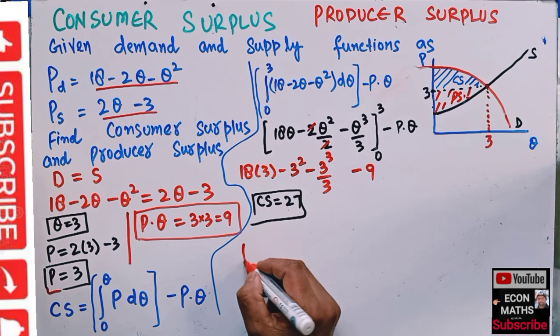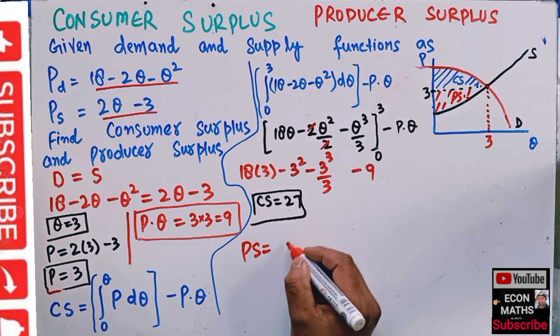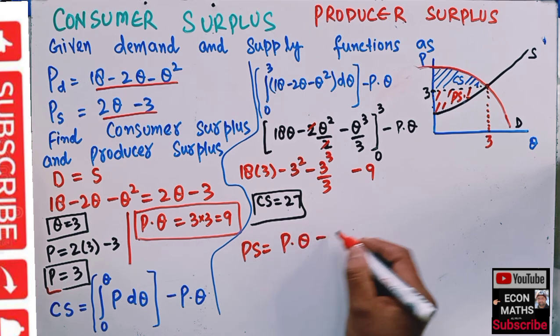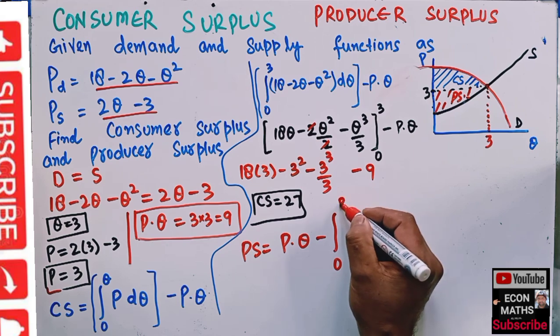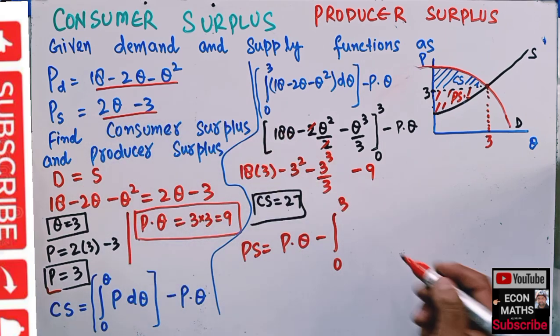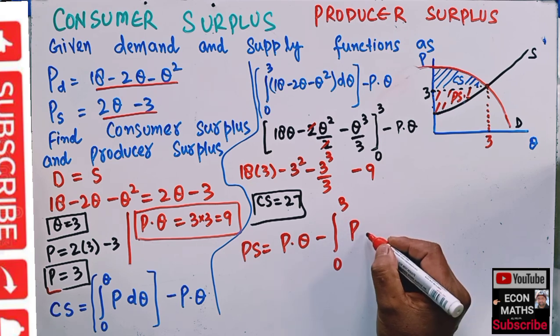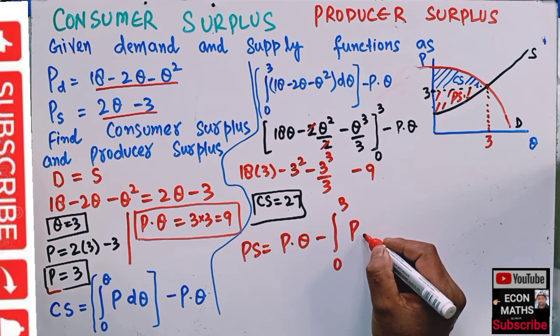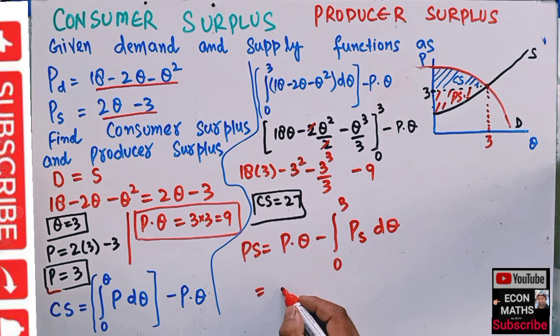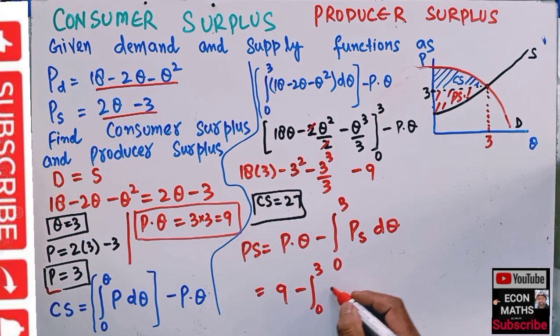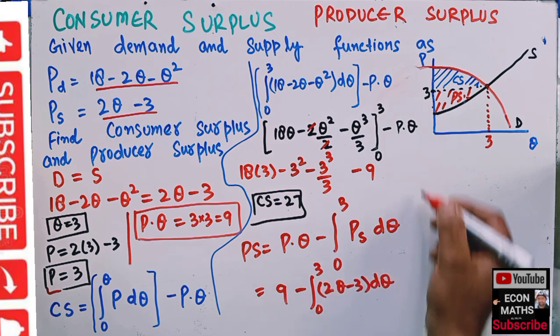To calculate it, producer surplus is equal to the total revenue, that is P into Q, minus the definite integral from 0 to the equilibrium quantity, that is 3, of the supply function, that is Ps, with respect to Q. So P into Q is 9, which we calculated, minus the integral from 0 to 3 of 2Q minus 3 with respect to Q. Simple thing.